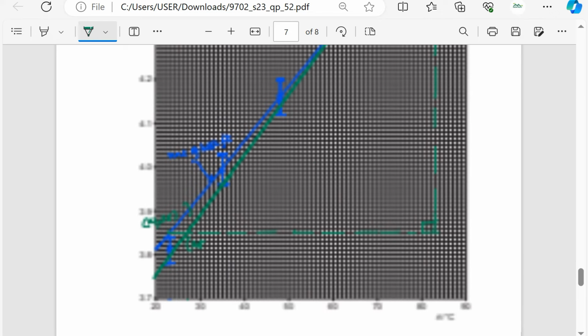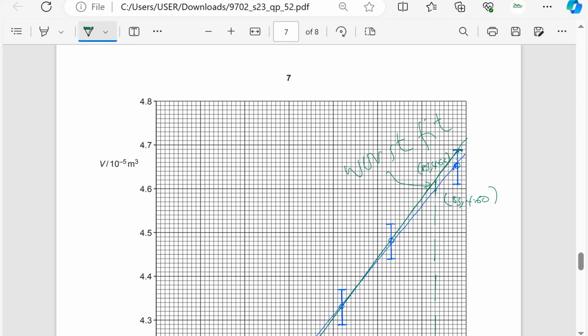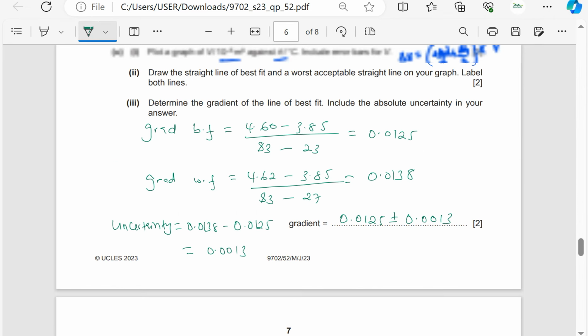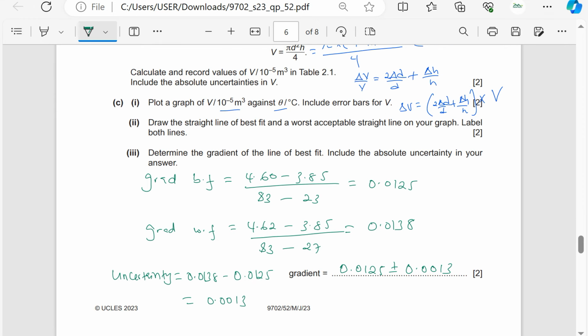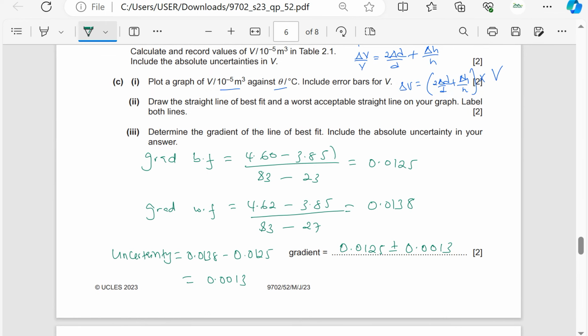Oh yeah, I've forgotten something, the power of 10. The y values have times 10 to the power of minus 5. So I'll just add here times 10 to the power of minus 5, because here there is times 10 to the power of minus 5.